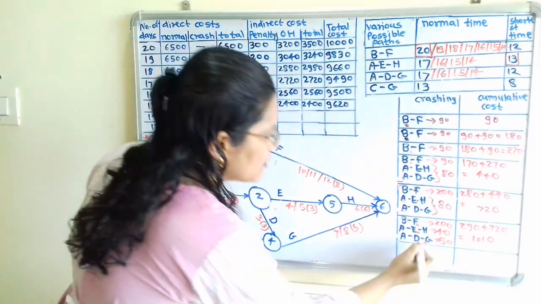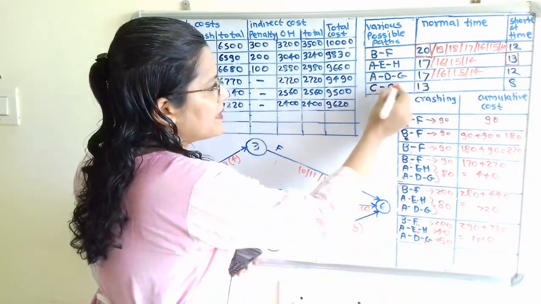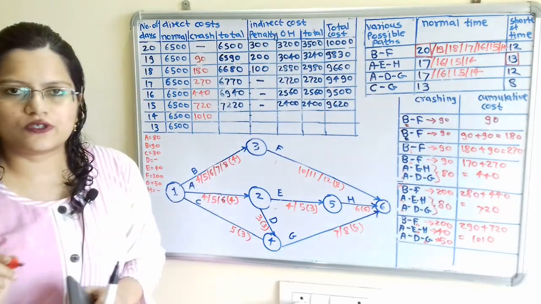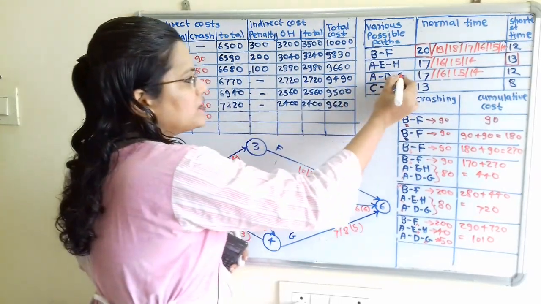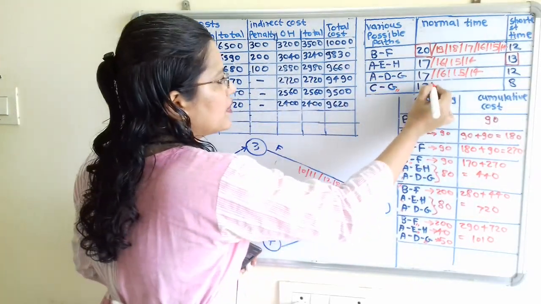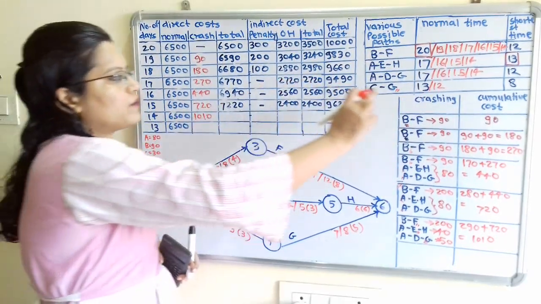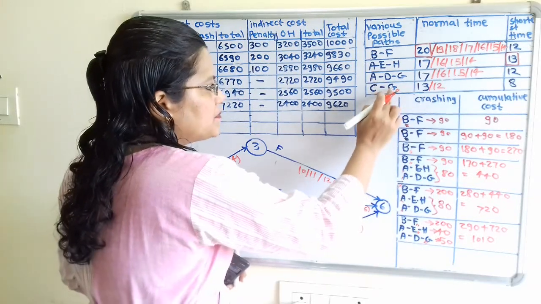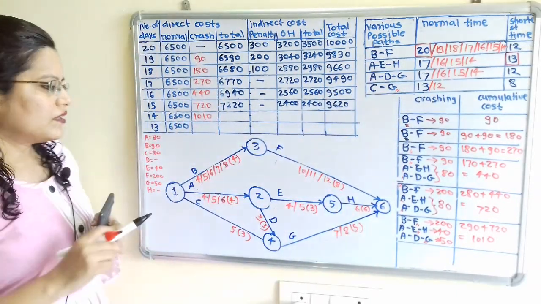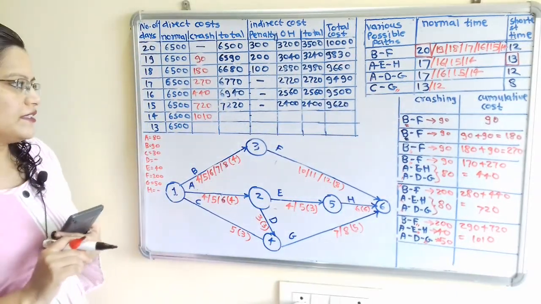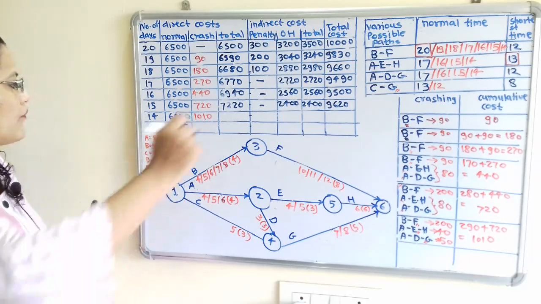Now if we observe, this activity G is repeated in this fourth row also. So for this activity G we have reduced. So here also we have to make the reduction to 12 days because we have to reduce by 1 day, because G is present here. So this is an important point. Now we will make the calculation of cost.